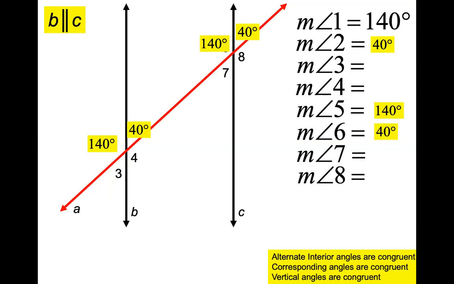Well, you could do the magic, what shape does it make? Straight line. Or you could say that these two angles are vertical, so therefore angle 3 is 40. And what corresponds to angle 3? Angle 7. Or you could say that it's vertical to this one, and then vertical, vertical, and you're done.